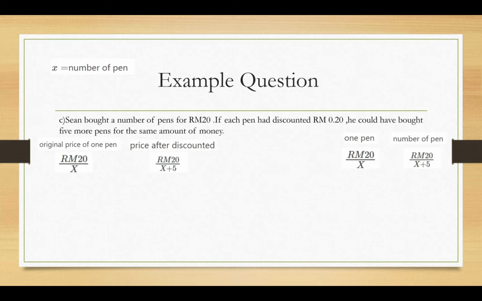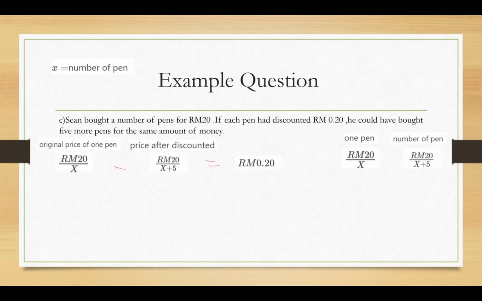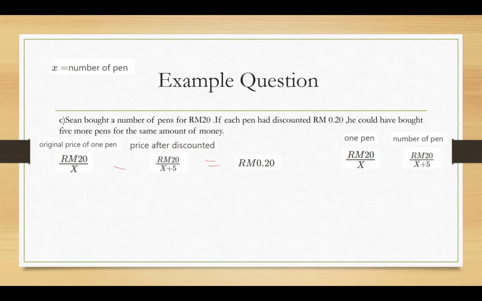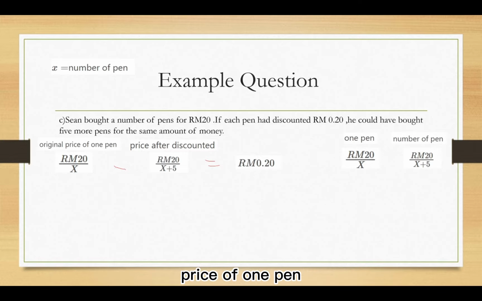Alright, and we need to minus and equal to 20 cents. So that means one pen is 20 divide x, and for the number of pens we can do it like this: 20 divide the total number of pens, then I will get the price of one pen, and this is the price after discount.